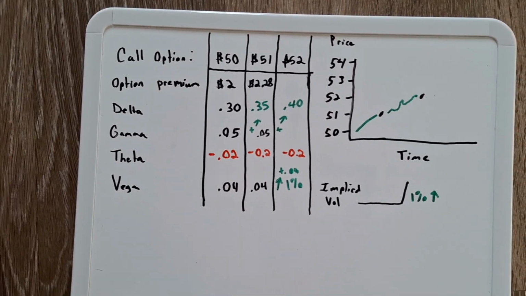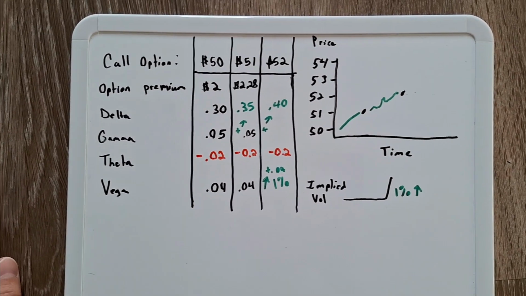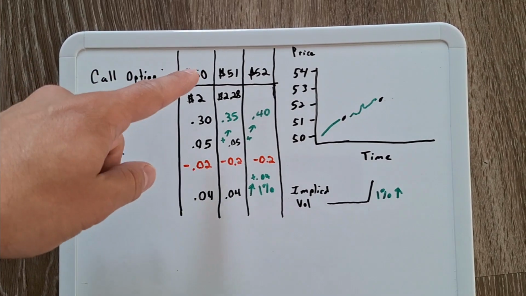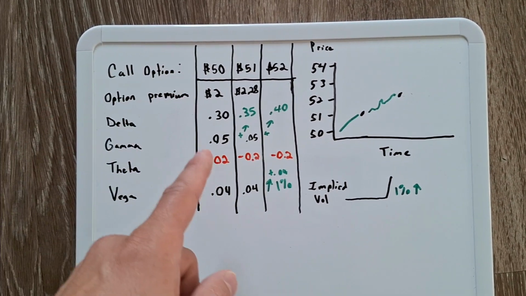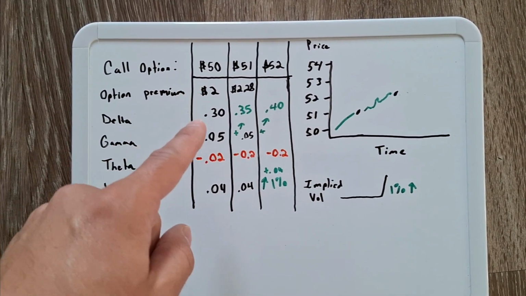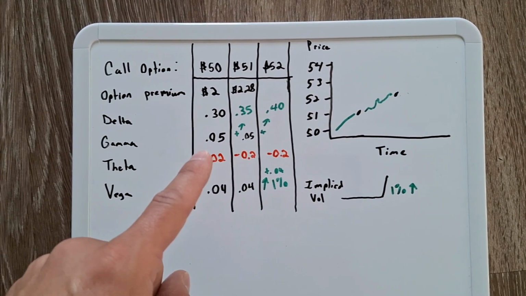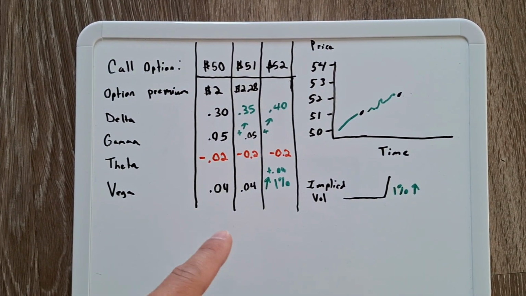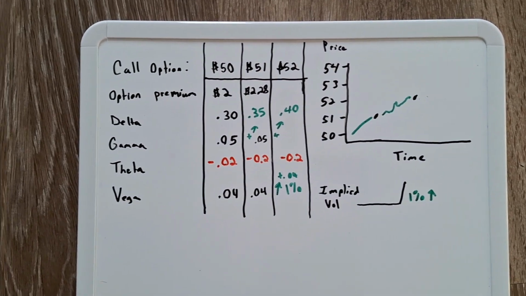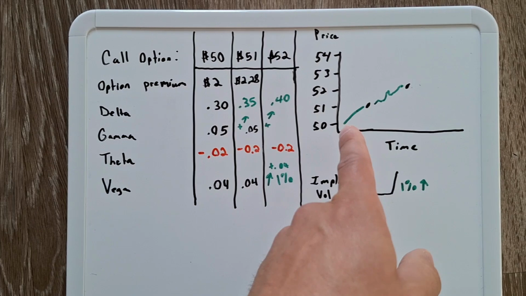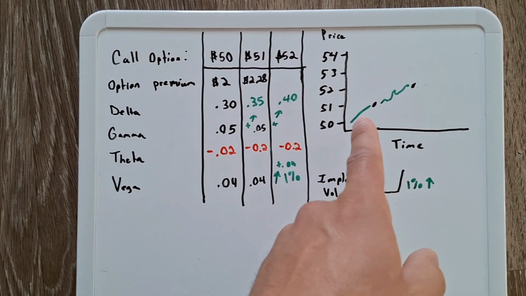So I created another chart here, a little whiteboard. Let's say your call option, this is a scenario that you could have. Your stock price is $50, your option premium is $2. You have a delta of 0.30, a gamma of 0.5, a theta of -2, and a vega of 0.04. Let's say your stock price moves from $50 to $51.